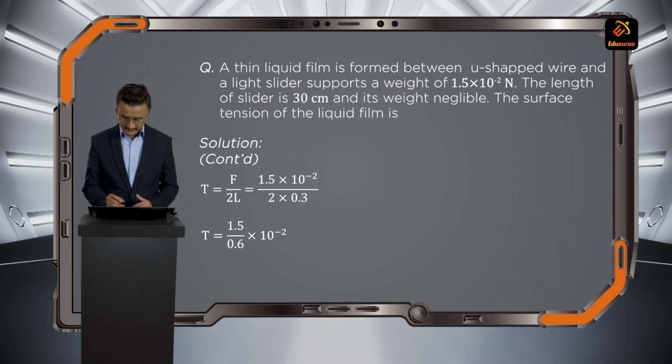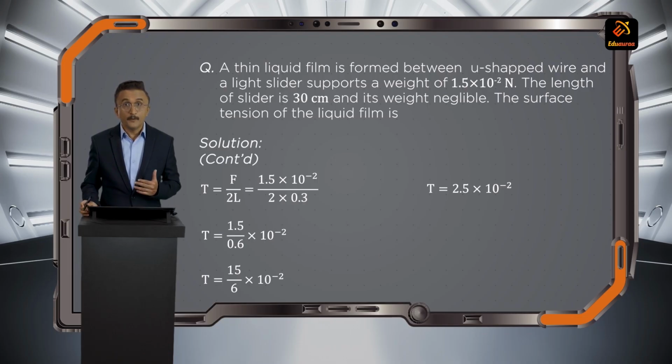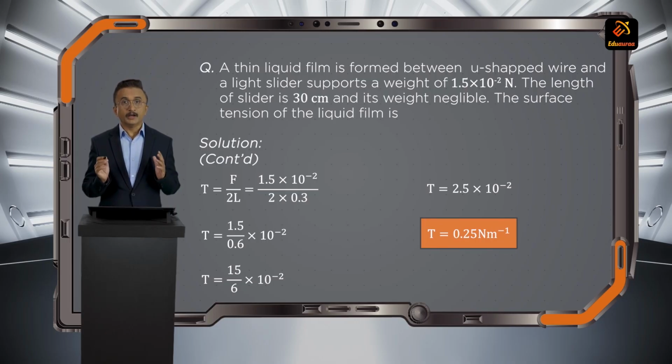So 1.5 divided by 0.6 into 10 power minus 2 is equal to 15 by 6 into 10 power minus 2. 3 2s are 6 and 3 5s are 15, so it is 5 by 2. So it is 2.5 into 10 power minus 2, so it is 0.025. And the unit is Newton per meter.